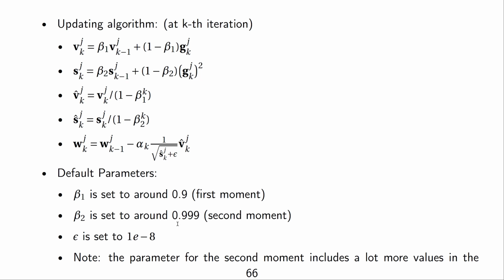But beta 2, that is the term responsible for averaging the gradient squared, this is set to 0.999. So this is really averaging, or at least conceptually averaging, a lot of the past gradient squares. Epsilon for numerical robustness can be set to 1e to the minus 8, so 10 to the power of minus 8.